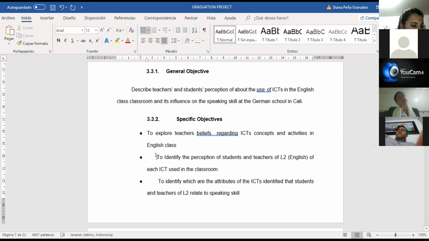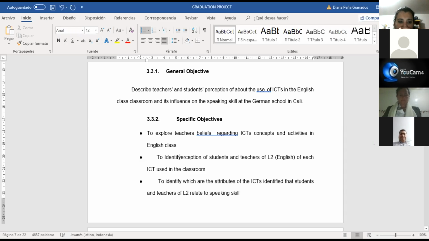But with the students, if I'm exploring the beliefs with teachers, I have to explore the same thing. Or is another object or another verb necessary? No, it could be to explore teachers' beliefs, right? Second one, to identify students' beliefs, and the same thing regarding the ICT activities in English.